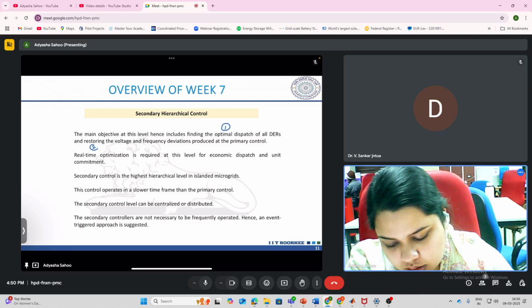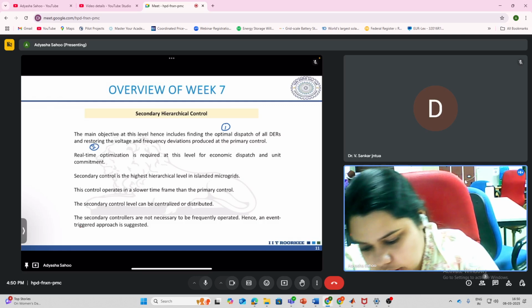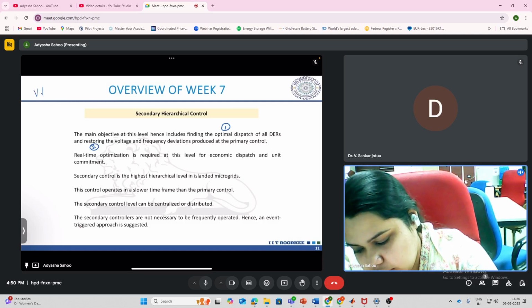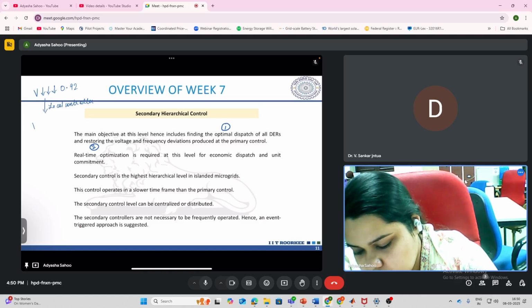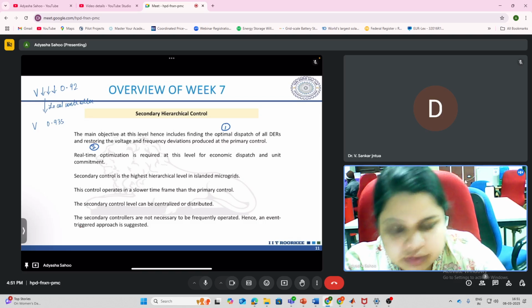So basically, let's say your voltage went down, and the system voltage was somewhat around 0.92. So immediately what will happen? Your local controller will act, and the local controller was able to improve this voltage, and the voltage was now, let's say, 0.935 after the action of the local controller.